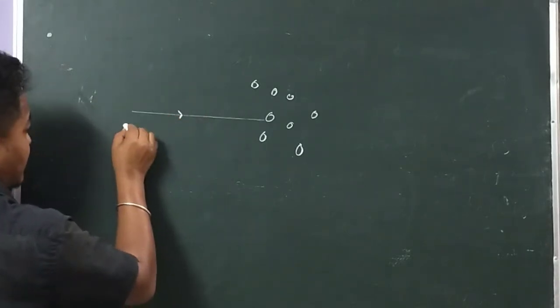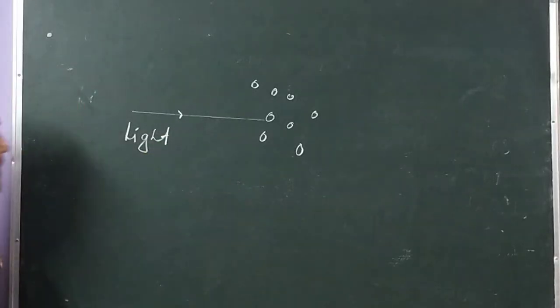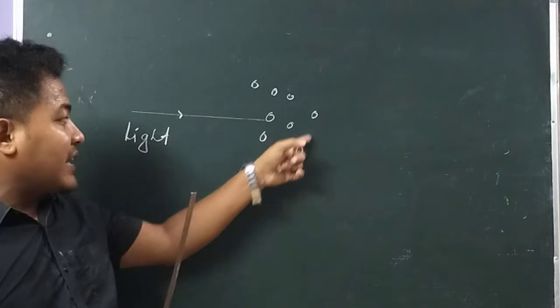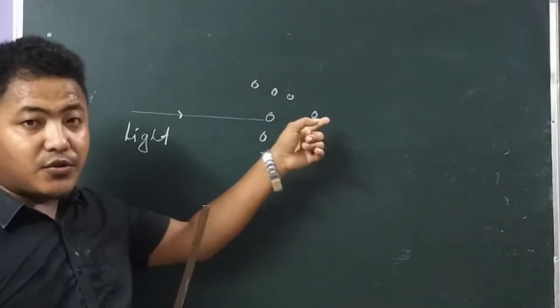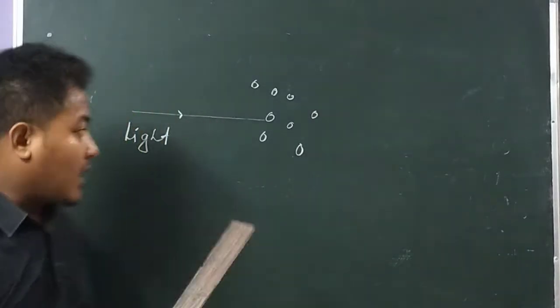This is the sunlight, or light, passing through the atmosphere, and this light ray is passing through these atoms and molecules of different gases.